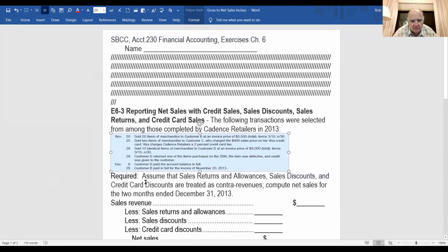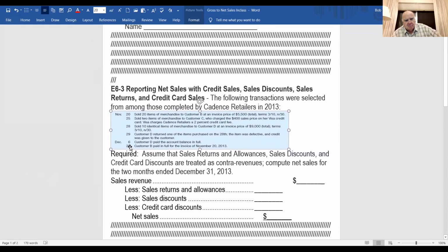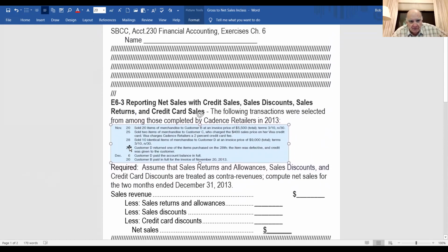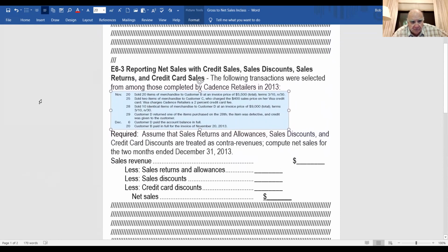Okay, what I'd like to show you here is a typical problem. They're saying here, we have the following transactions with Cadence retailers, and you can see they sold 20 items at an invoice price, 3%, 10 terms, sold 2 items of merchandise to this other customer C, and he or she used a credit card, and that credit card fee was $400, which was 2%.